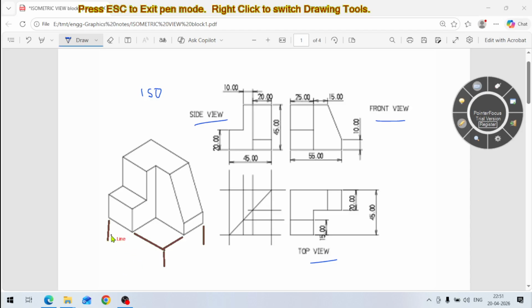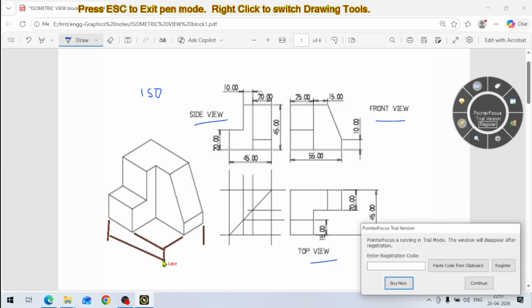Then I have to draw one line like this parallel to this line here, and these are the arrows here like this.